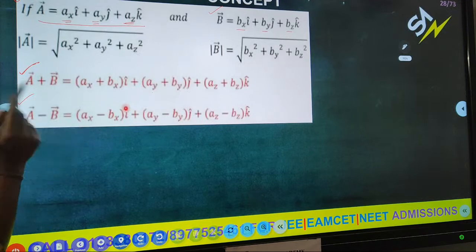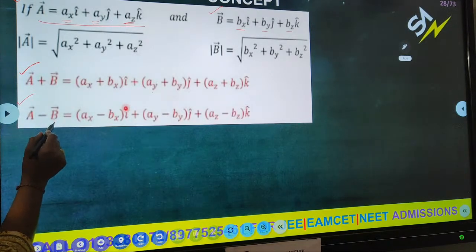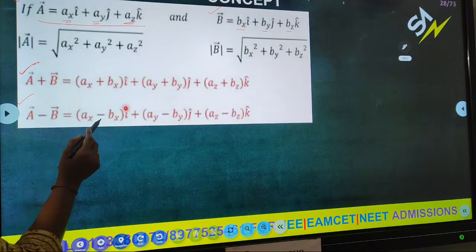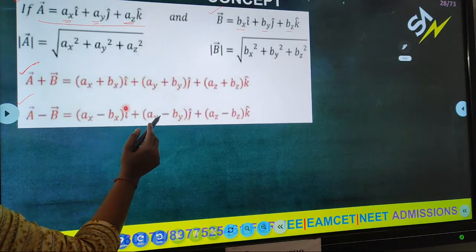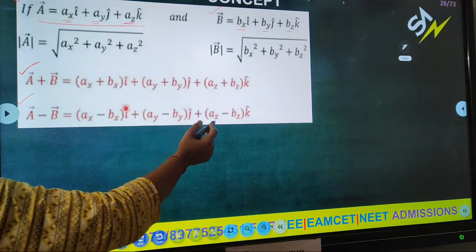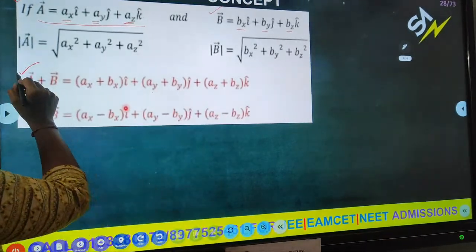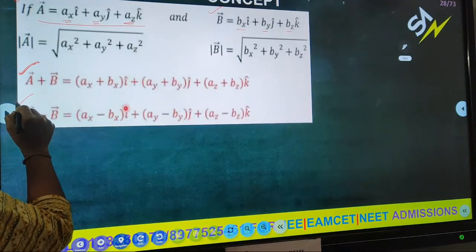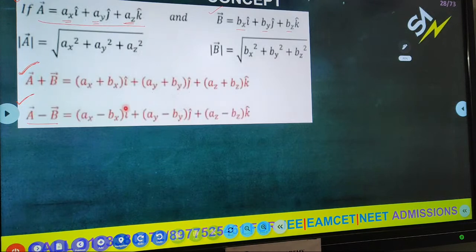Similarly, the corresponding components will be subtracted. So a bar minus b bar gives ax minus bx into i cap plus ay minus by into j cap plus az minus bz into k cap. This is vector addition and subtraction with the coordinate system when we are given the components of x, y, z.